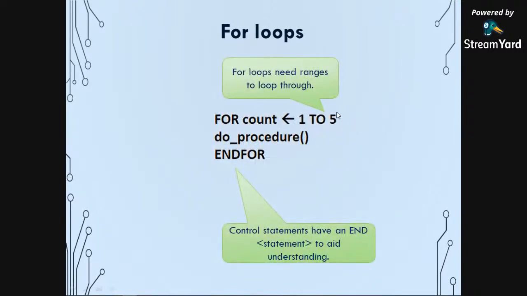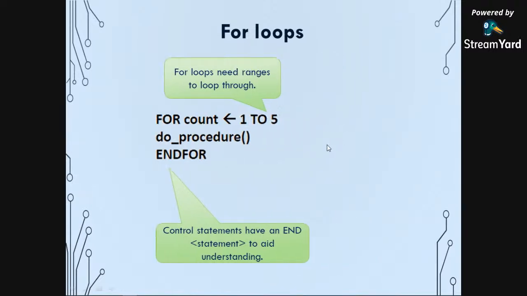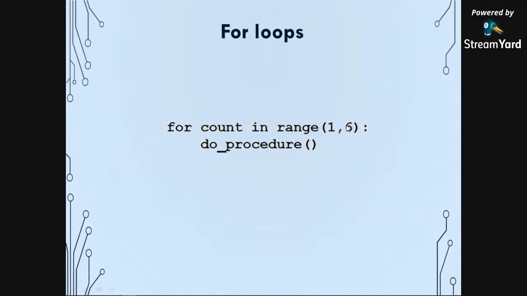So in pseudocode, we include the number 5 because it's a lot easier for us to remember that. But in Python, we need to remember that it doesn't include that final value in our range. Okay, and you've got your colon, for count in range 1, comma 6, colon, do your procedure.